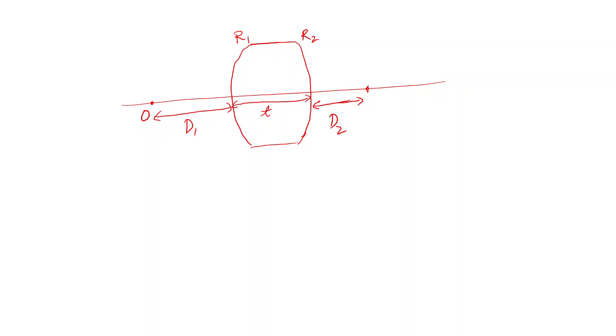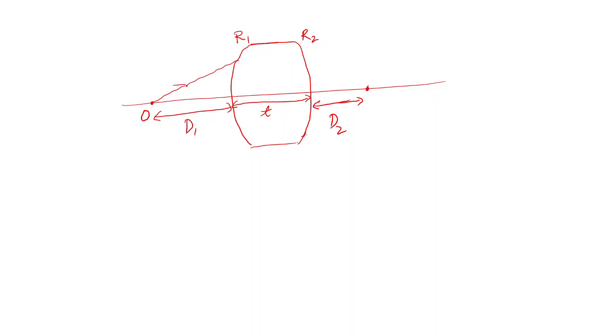So the image, let's say, is somewhere here. So roughly a ray from O is going to go here, right? And I'm drawing the rays just to derive the system matrix. Once you have the system matrix, you don't need to draw rays anymore. That's the whole idea of the matrix method, right? But because we are deriving the matrix itself, we are still using the rays.